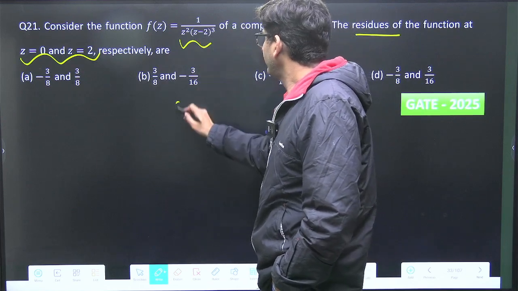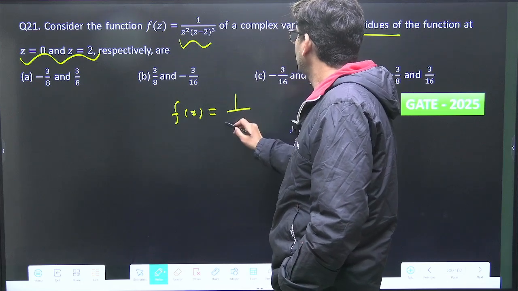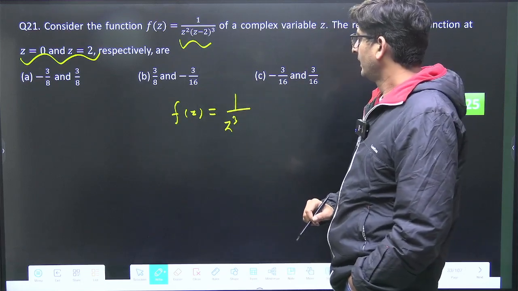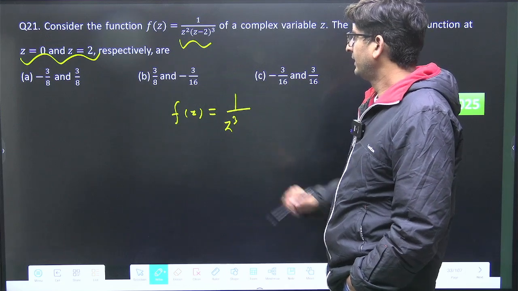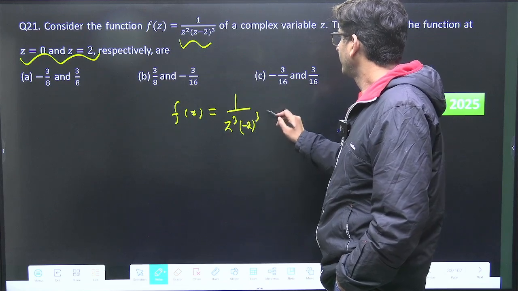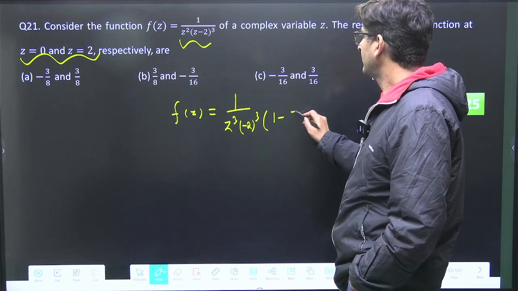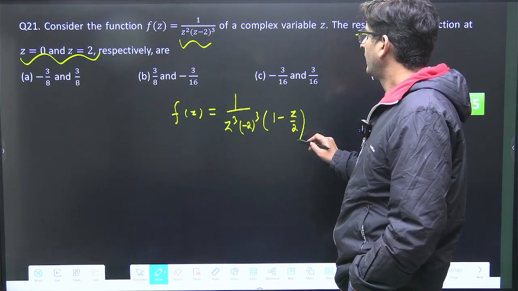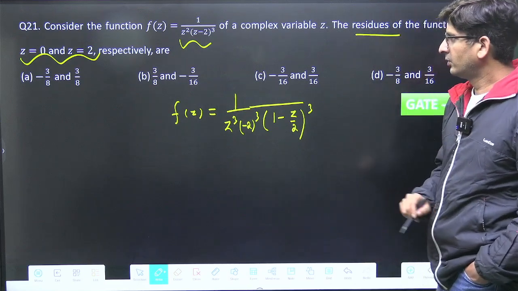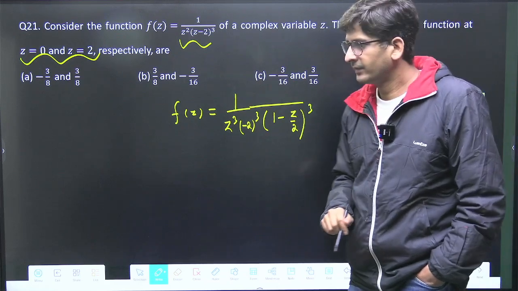So this f(z) is equal to 1 by z cube, okay, and for the other factor I will take minus 2 cube common, and this will become 1 minus z by 2 and whole cube, okay, like this. So minus 2 I have taken common, so it has become z by 2, correct?